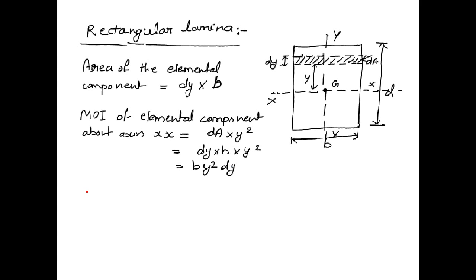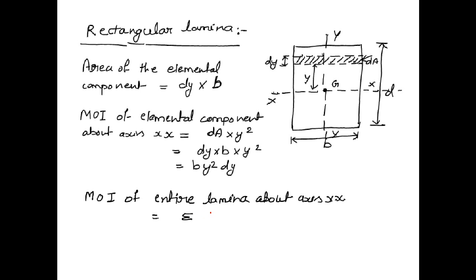And now if we want to find out the moment of inertia of the entire lamina about axis xx, I already told you about the moment of inertia of the entire lamina in the previous lecture.